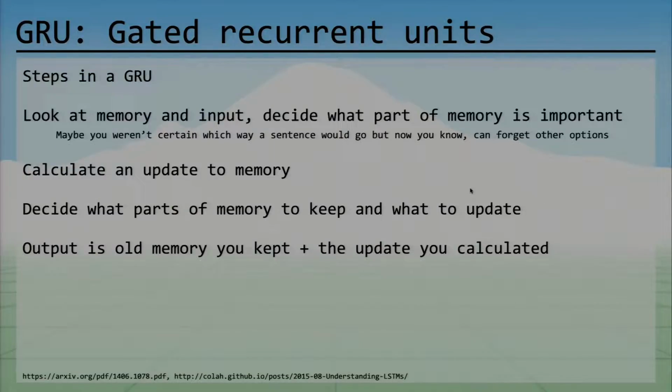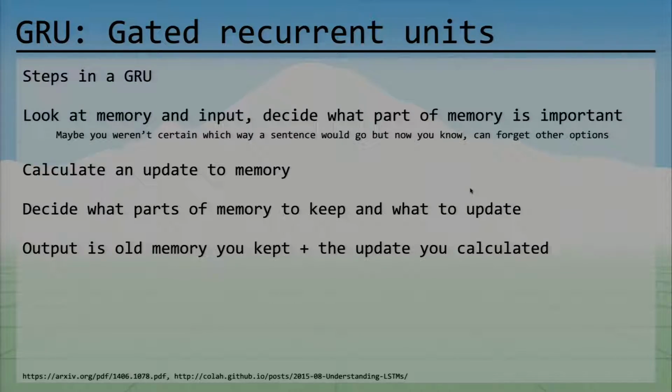The basic idea for what's going on is at every time step, we're going to look at our memory and our input and decide what parts of the memory are important. So for example, we had these two possible instances of the word time. And maybe as we read longer in the sentence, we discover that time, instead of a verb in this sense, actually meant a noun.